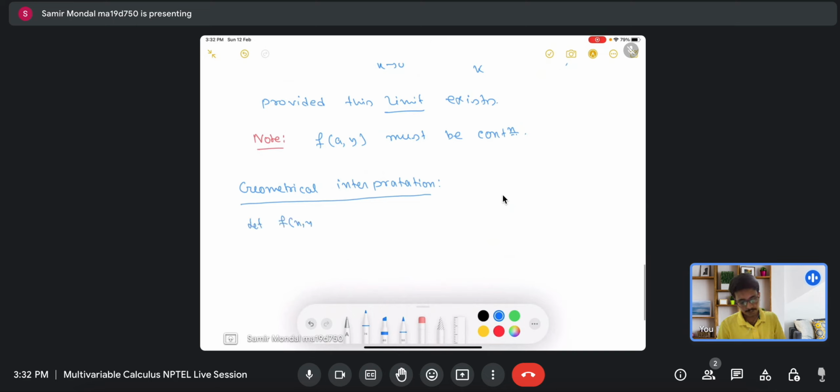Let f of x, y be a real valued function on a region D, a subset of R2.